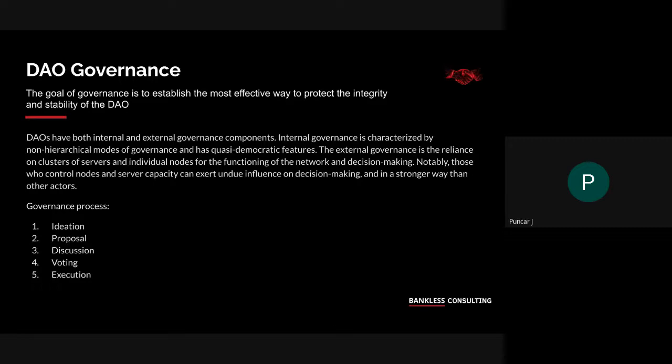When this idea is formalized in the proposal stage, we submit it to the community for discussion. The difference between ideation and discussion is that within ideation, there is no clear format and no clear scope; everyone has their own view on it. But in the discussion phase, the proposal is in place and we are commenting on it and adding to it.